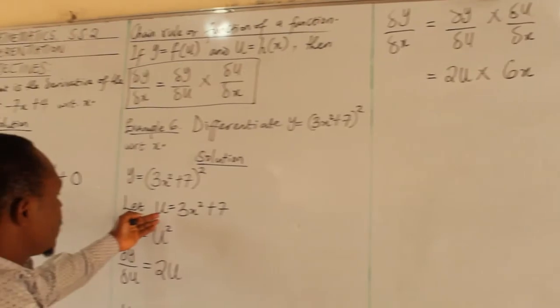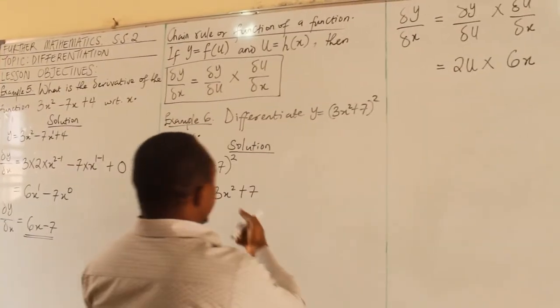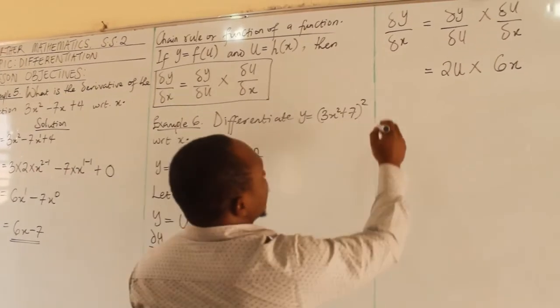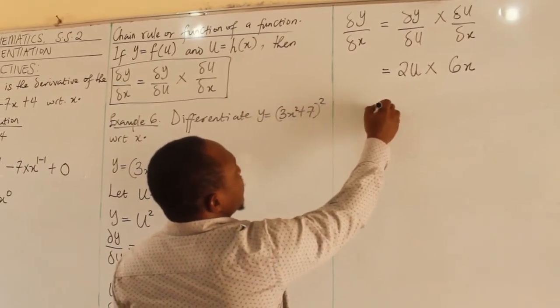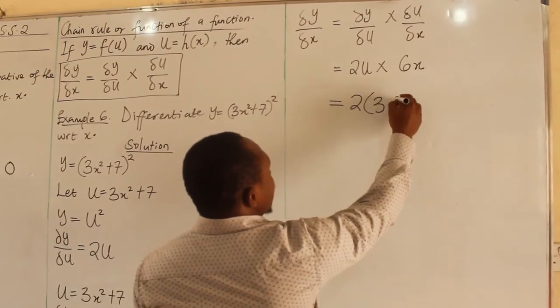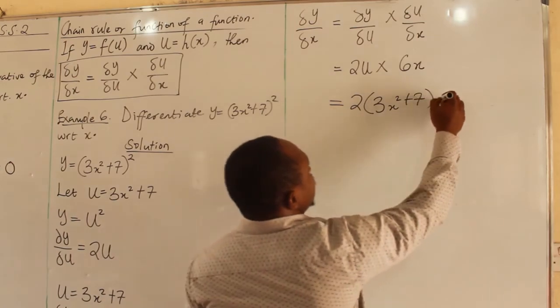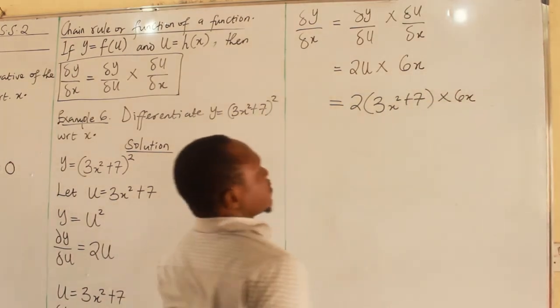that we said let u be equal to 3x squared plus 7. So replacing u with 3x squared plus 7, we'll have dy over dx as 2 multiplying (3x squared plus 7) multiplied by 6x.